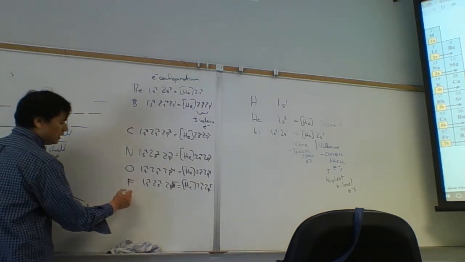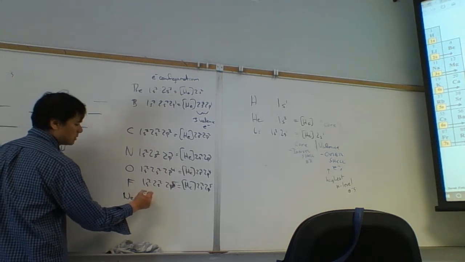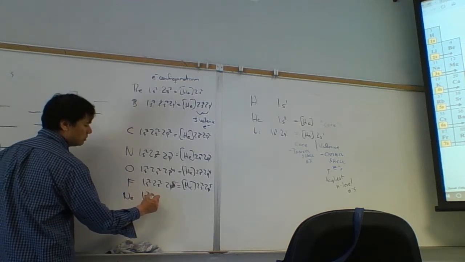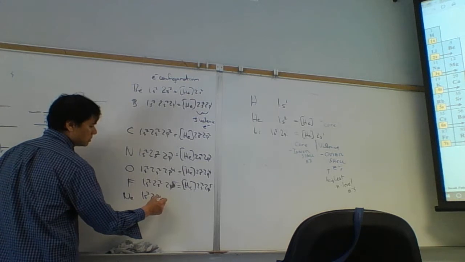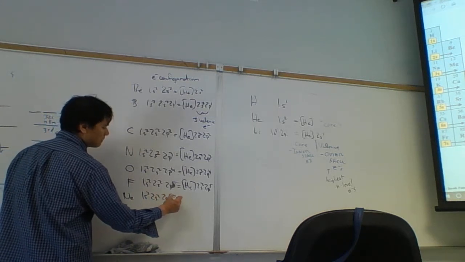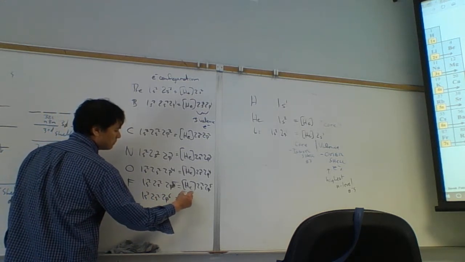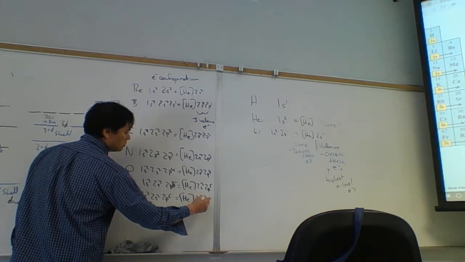And then finally, neon, to complete this shell, will be 1s2, 2s2, 2p6. So this would be helium core, 2s2, 2p6.